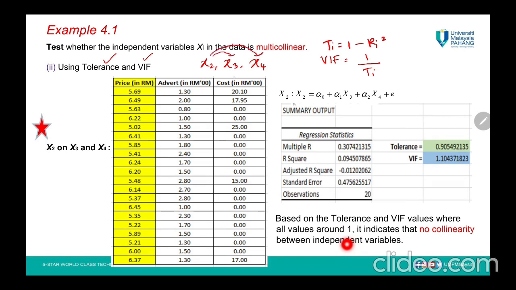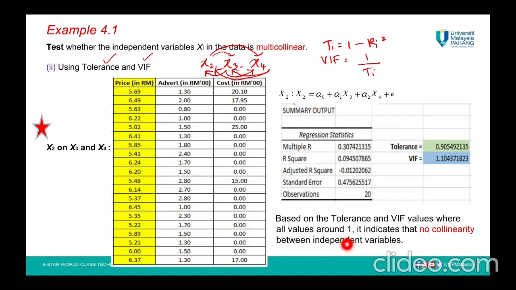The second one, x3 on x2 and x4. And the third one, we need to check the collinearity between x4 and x3 and x2. We need to check one by one.